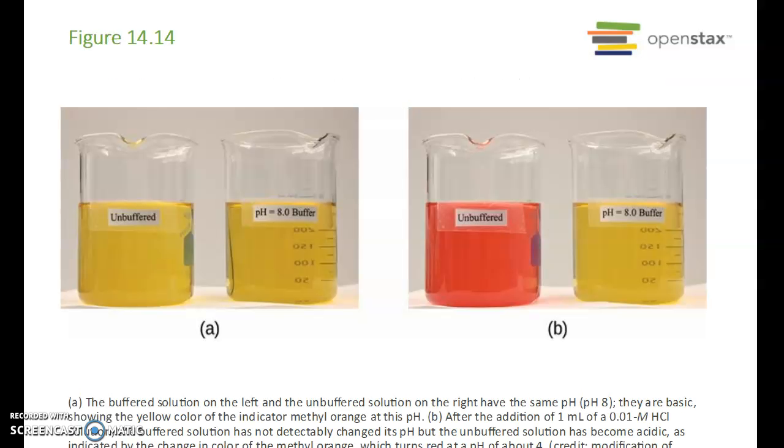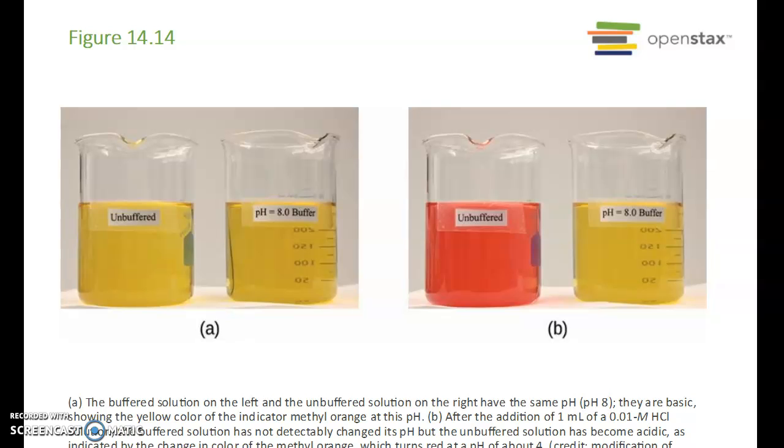This photograph illustrates the benefits of a buffering solution. Here on the left-hand side you've got unbuffered and buffered solutions at the same pH of 8, and they're basic as shown by the yellow color of the indicator methyl orange.